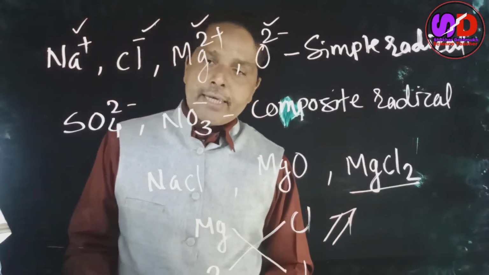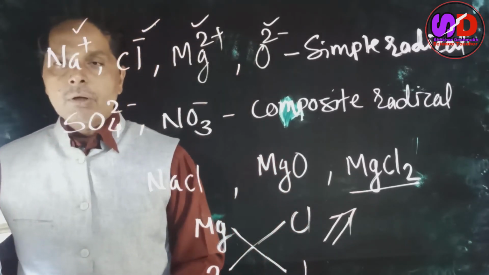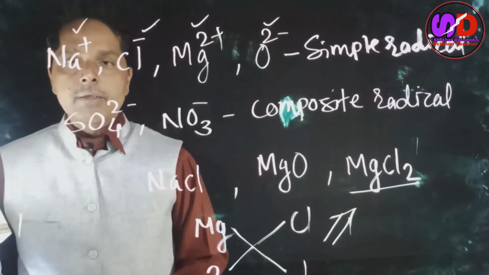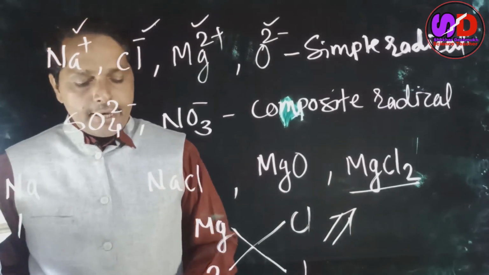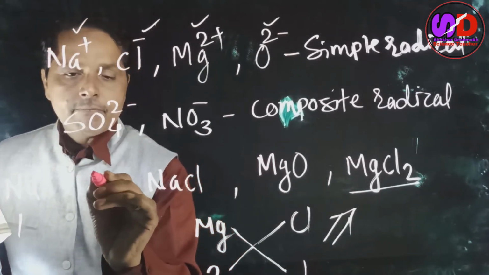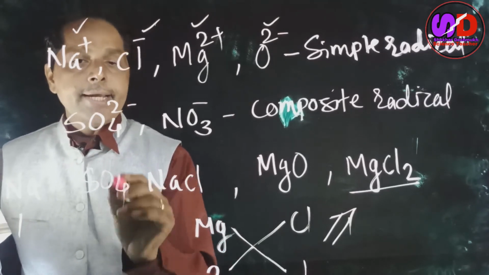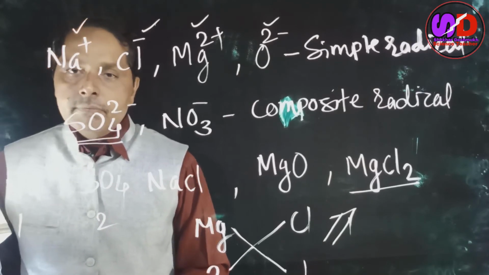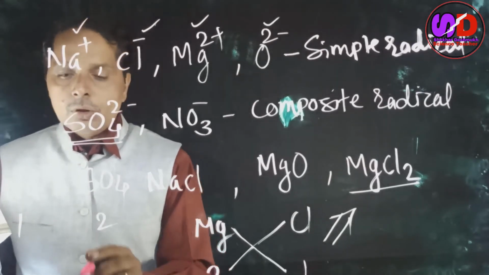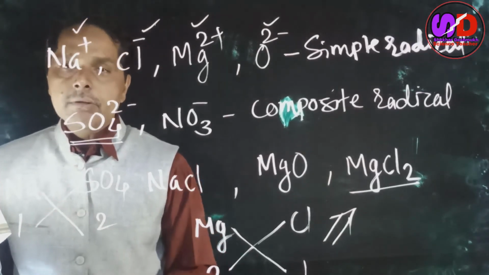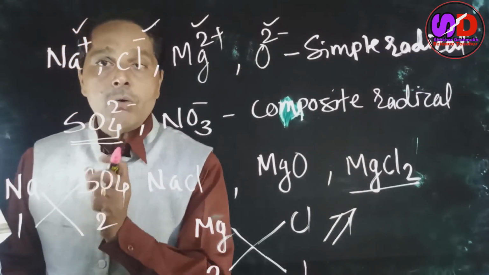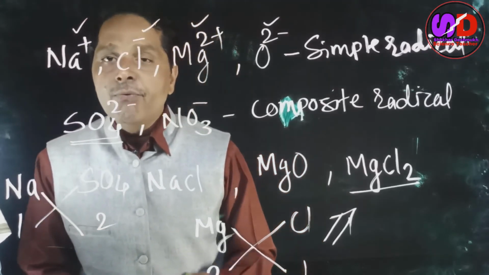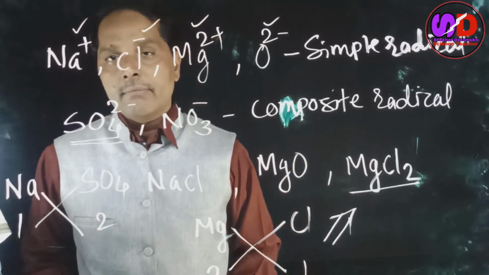One more example we can see here. Sodium Na has valency 1. Then the SO4 group is given. The valency of the SO4 group is 2 minus, that is, 2. Just cross multiply it and we can find out the compound. We can find the molecular formula of a compound if we know the valency of that atom.